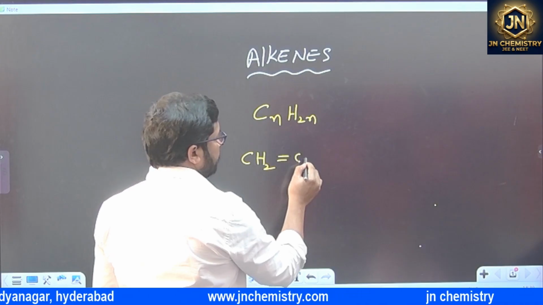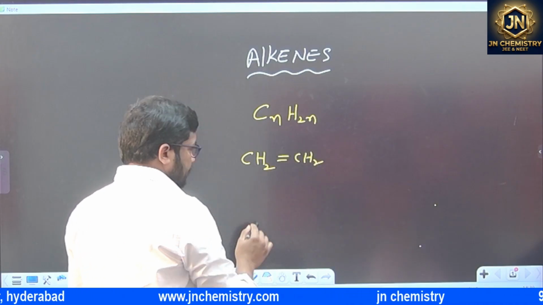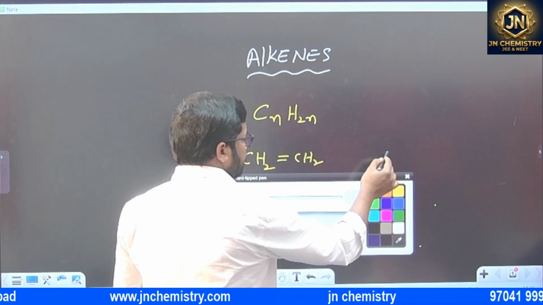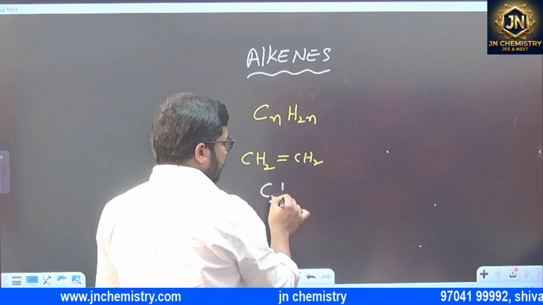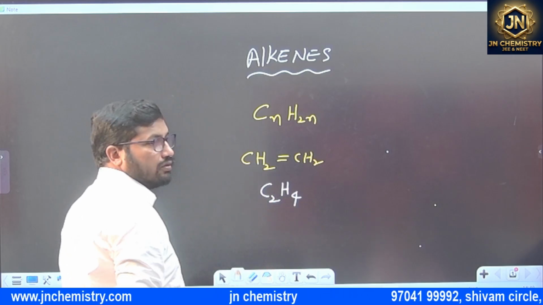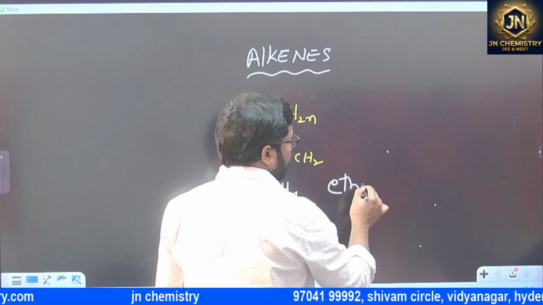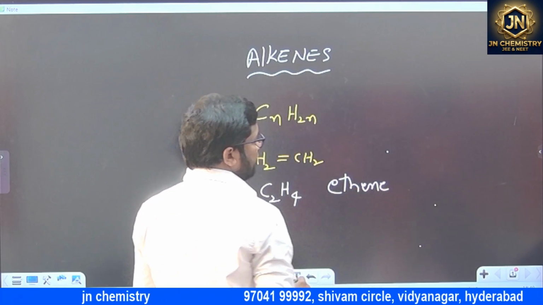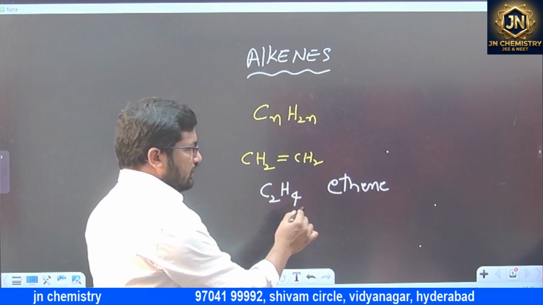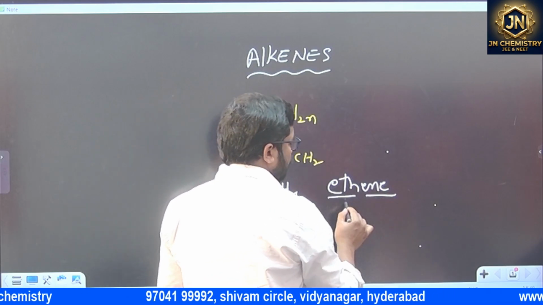CH2 double bond CH2. What is this name? C2H4, ethene. Ethene. So eth means what? Root word.